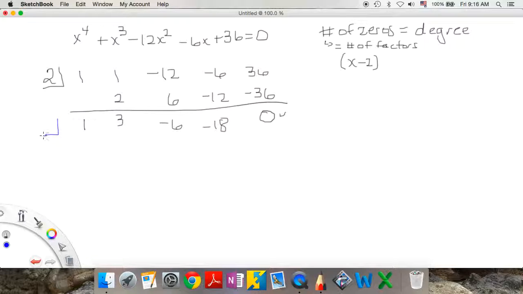I'm going to just give you the one we're going to start with because we'll talk about how to figure that out in the next section. So we're going to start with -3 and divide that. Remember, this time we're just working with this part right here. We want our remainder to be 0, that's the goal. So we bring this one down, multiply, add, multiply, add, multiply, add, and it equals 0. So we're good there. So what does this mean?